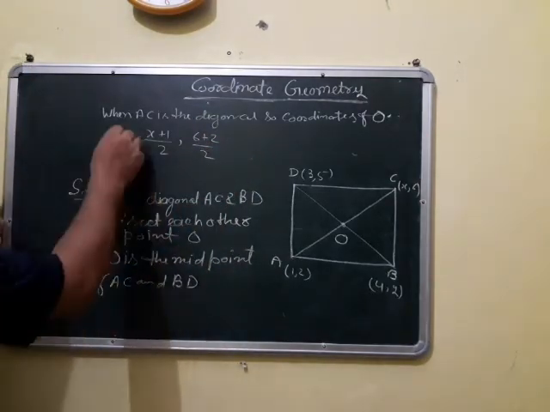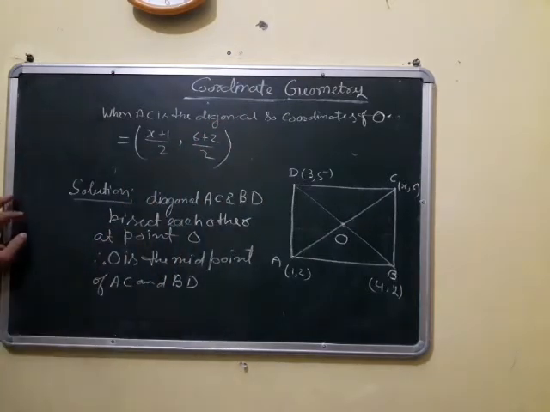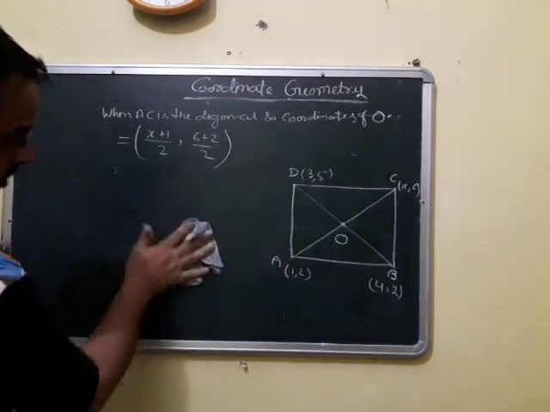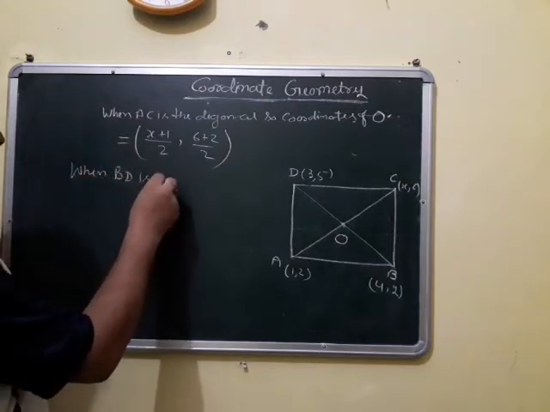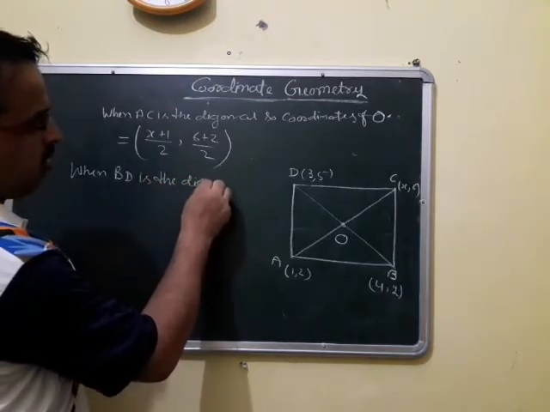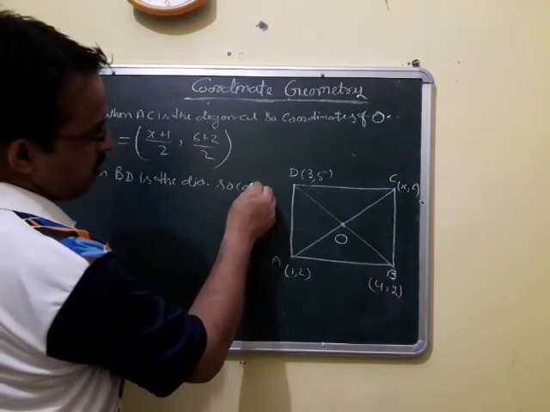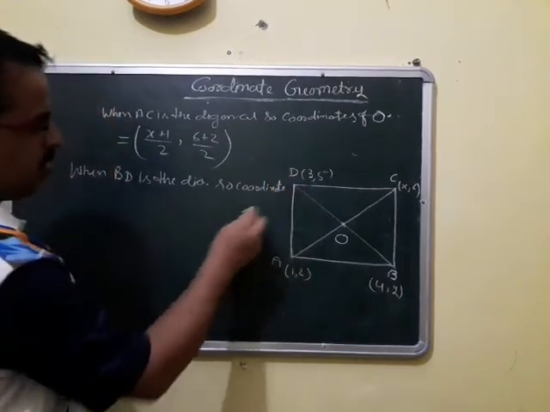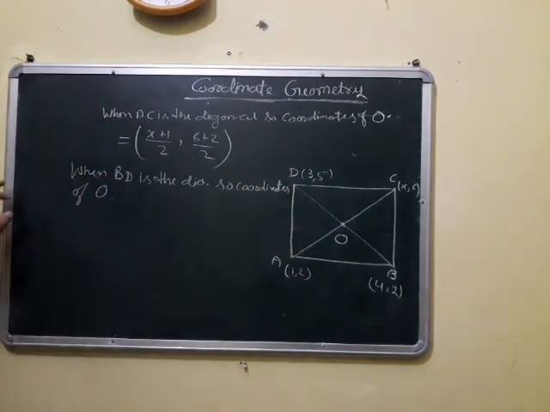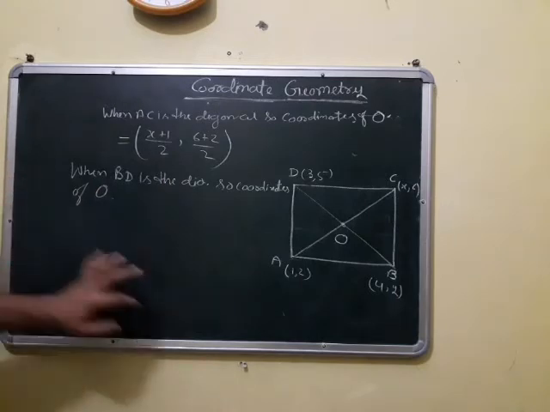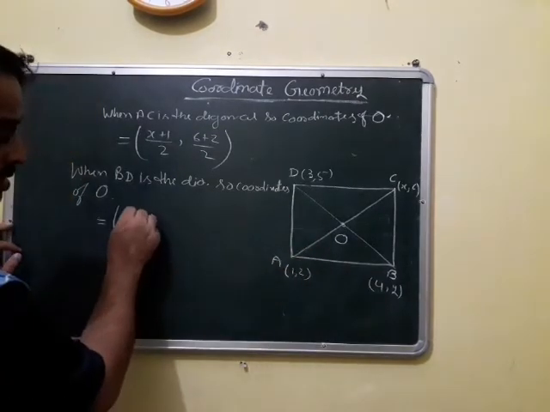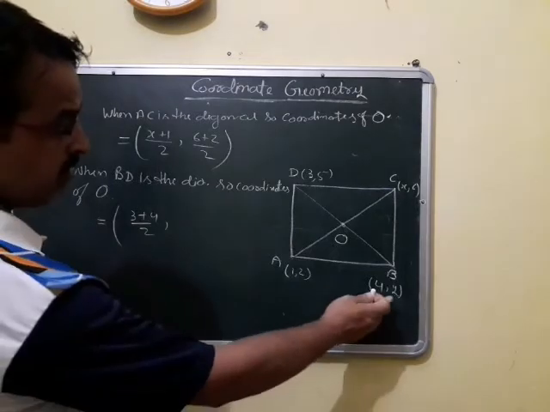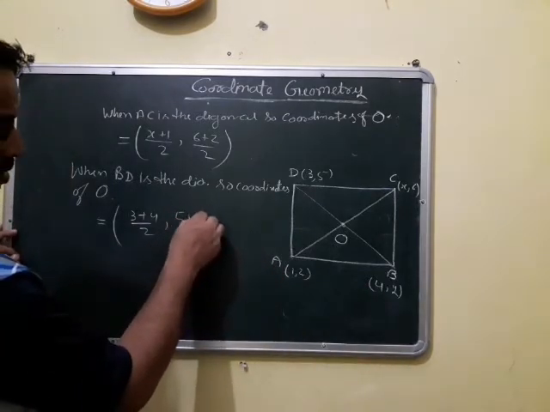So these are the coordinates of point O. When BD is the diagonal, the coordinates of O are ((3 + 4)/2, (5 + y)/2).